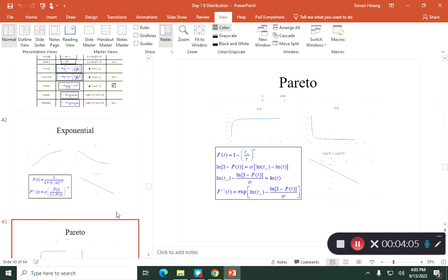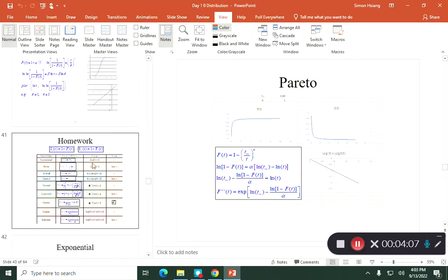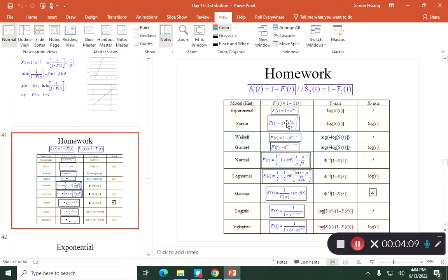Totally, how many lines are you going to play with? This slide: 1, 2, 3, 4, 5, 6, 7, 8, 9. Nine of them, okay? The y-axis is a little more than just t. You either take the log of your survival function, where the survival function is 1 minus your CDF, the failure function.